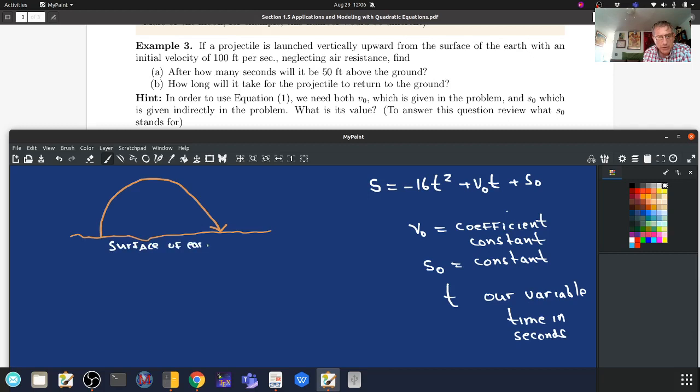And in this case, you're actually standing on the Earth. So in this case, s naught is going to be equal to 0. It has an initial velocity of 100 feet per second.